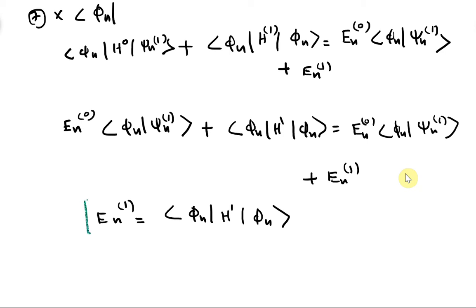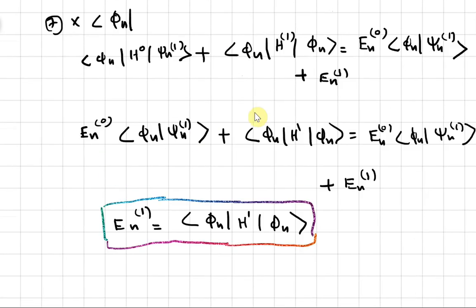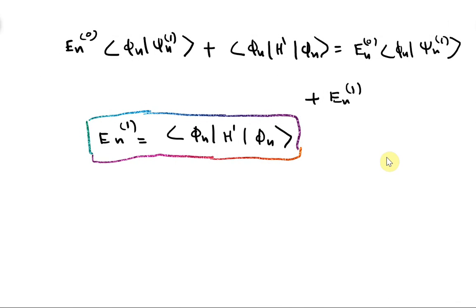It's a correction, it's not the entire energy, it's a correction term. What is the number of the equation? We put till 8, so this is 9. Okay, you got En1.